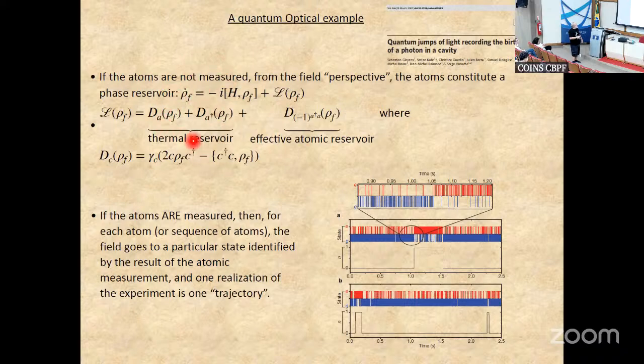This is the action of the thermal reservoir on the field. Okay, so this is decay and this is pump. And this is actually the action of the atoms if you don't detect them. If you don't detect them, the atoms also work as a reservoir for the field inside the cavity, one that dephases the state of the field.